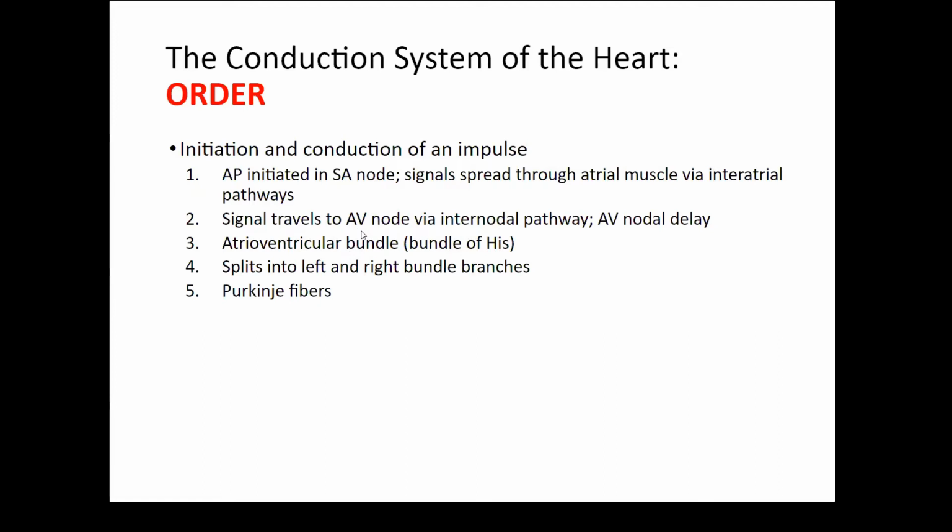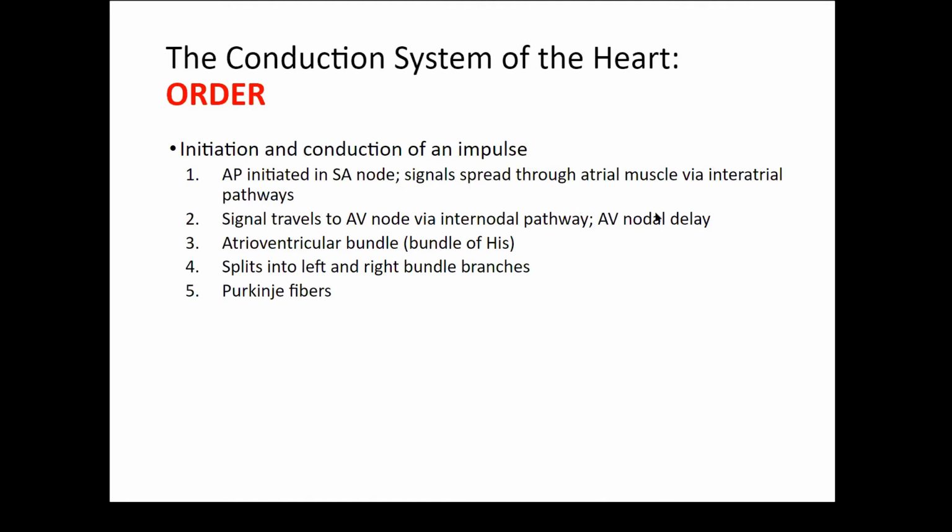We described the slight delay in firing between the SA node and the AV node, the AV nodal delay. So there's a slight difference in when the SA node fires versus when the AV node fires, because there's a little bit of a gap in the time that the electrical signal takes to get there.